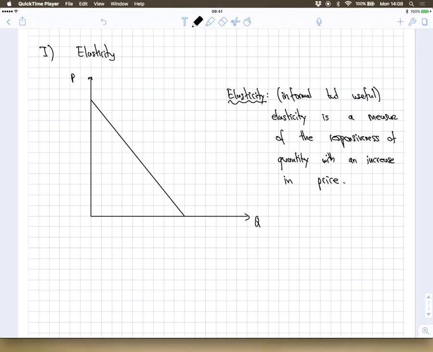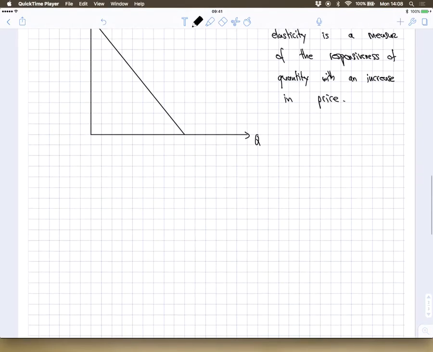Okay? That's what elasticity is, informally. When you increase the price, what happens to the quantity? It decreases, purely by how the demand is organized. It's the law of demand, which means that this elasticity will always be a negative measure, okay?